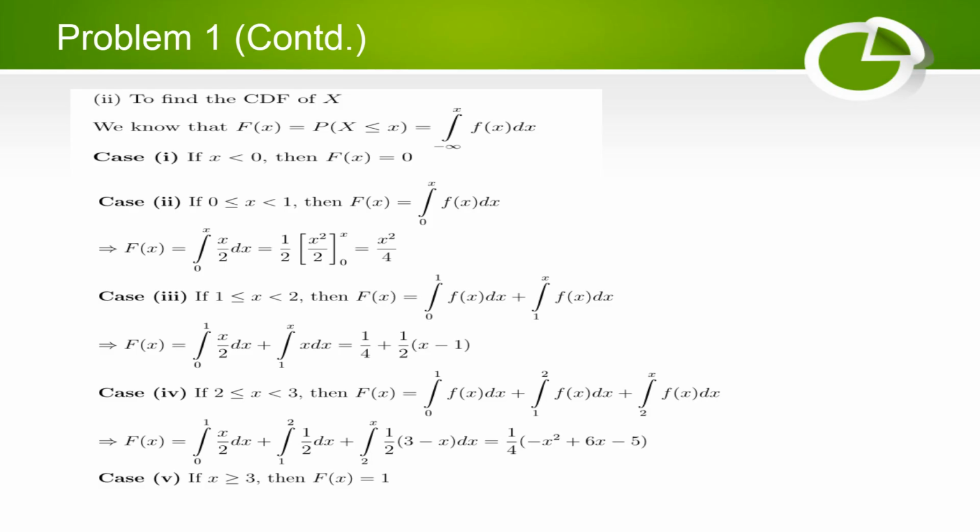Case 4: if 2 less than or equal to x less than 3, then F(x) equals the integral from 0 to 1 of f(x) dx plus the integral from 1 to 2 of f(x) dx plus the integral from 2 to x of f(x) dx. This implies F(x) equals the integral from 0 to 1 of x by 2 dx plus the integral from 1 to 2 of 1 by 2 dx plus the integral from 2 to x of 1 by 2 into (3 minus x) dx, which equals 1 by 4 into minus x squared plus 6x minus 5.